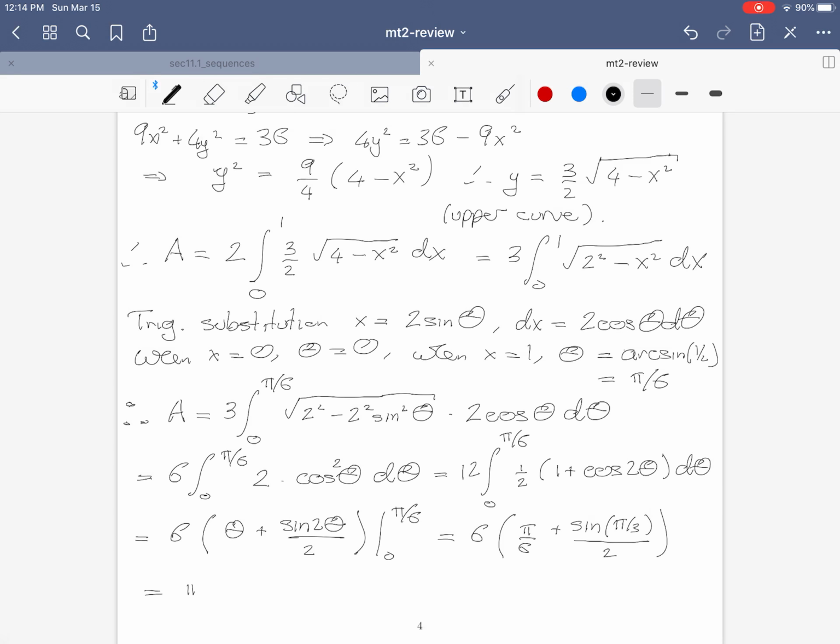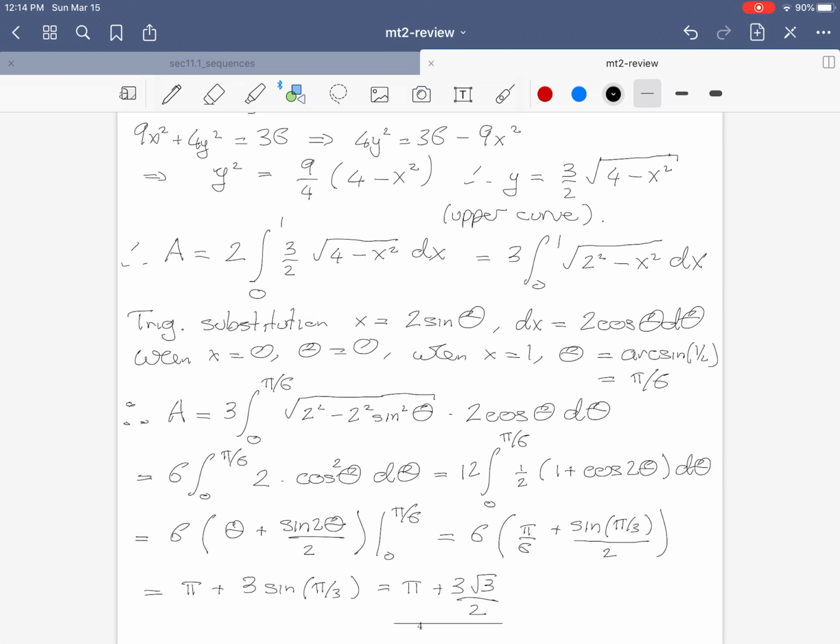So what does this become? This becomes pi plus 3 times sine pi by 3, which is pi plus 3 times root 3 divided by 2. And if you go back to the first question, you'll see the calculation of sine pi by 3.